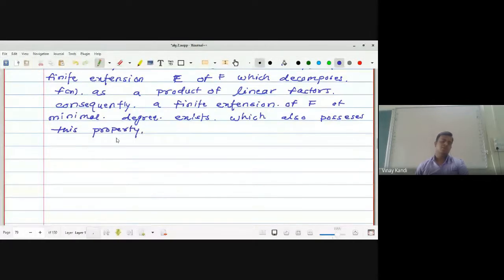Which property? That in this finite extension E of the field F, we can write the polynomial f of x as a product of linear factors. So this minimal extension will be the splitting field for f of x.